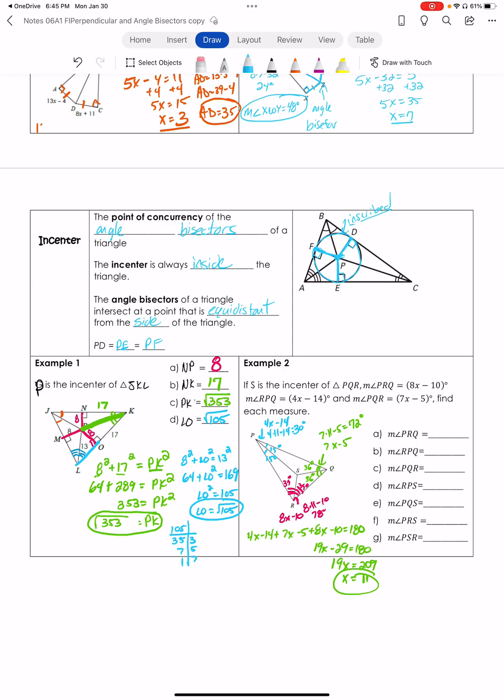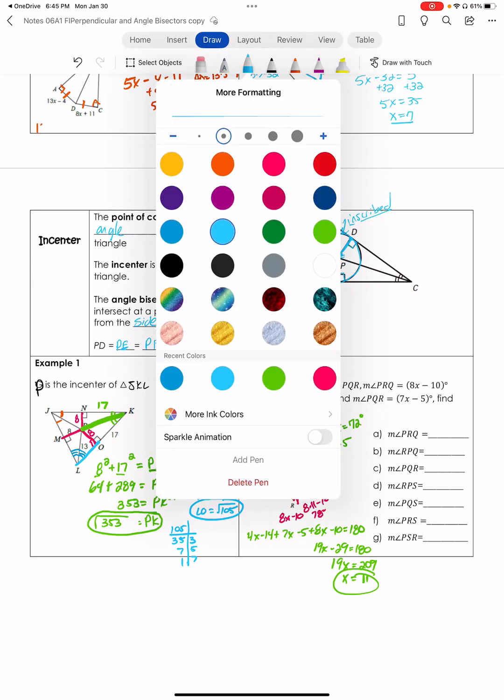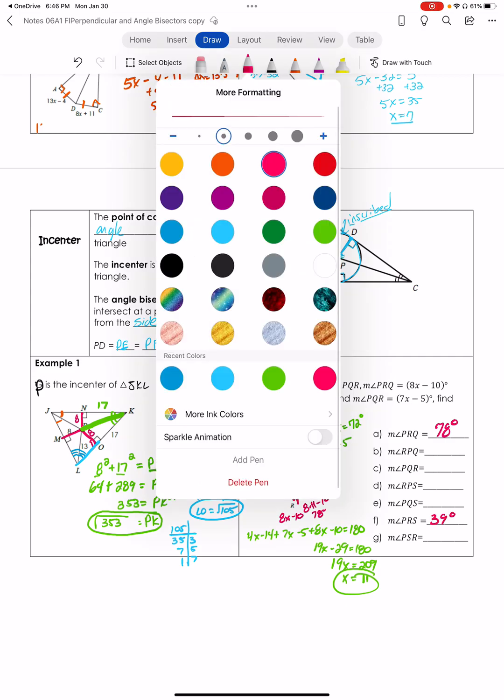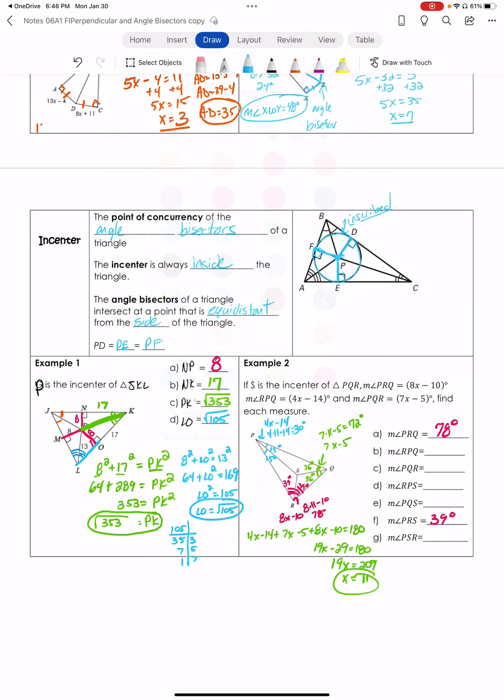So PRQ, so angle PRQ was 78 degrees. And we know PRS is 39 degrees. I know that RPQ is 30 degrees.